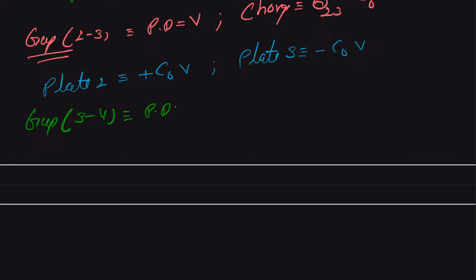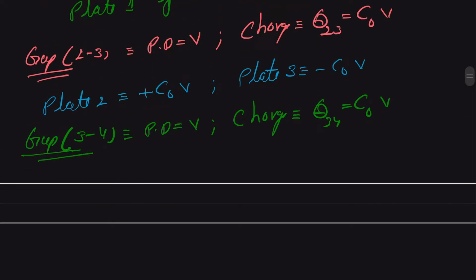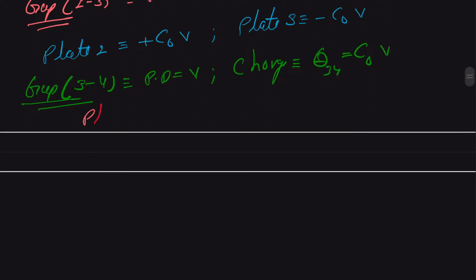So we are having a potential difference of our V, and charge is suppose Q34, which will be equal to C0 times V. And we can write that plate 4 will be plus C0 times V, and plate 3 will be equal to minus C0 times V. Now we are going to find out what will be the total charge of each connected conductors.